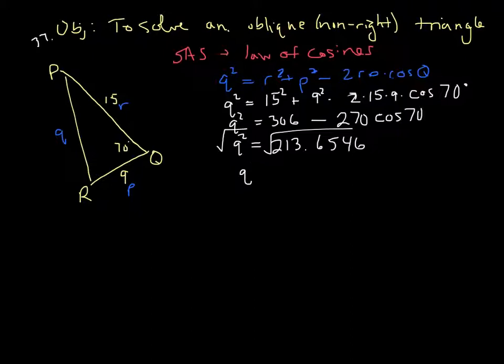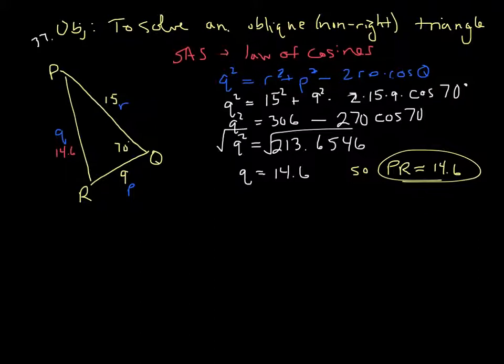Q is approximately equal to 14.6. So in terms of what I was trying to solve for in my triangle, I should note that PR is about 14.6. So one thing accomplished, I've got that PR is 14.6. I now know all 3 sides of my triangle.